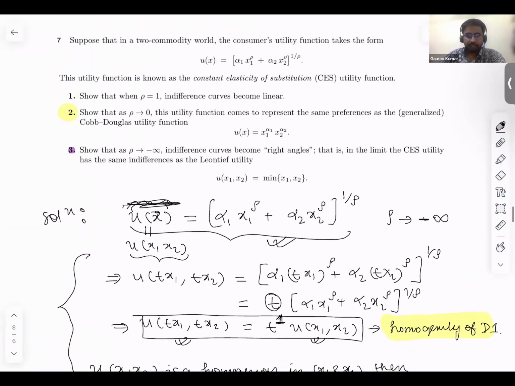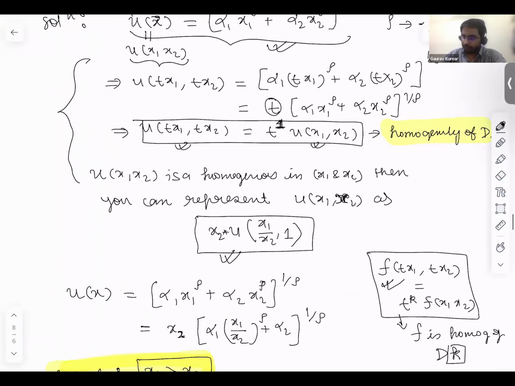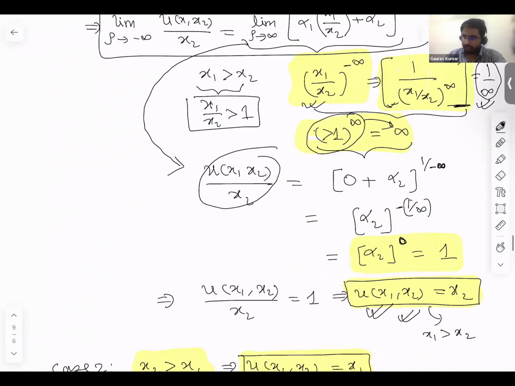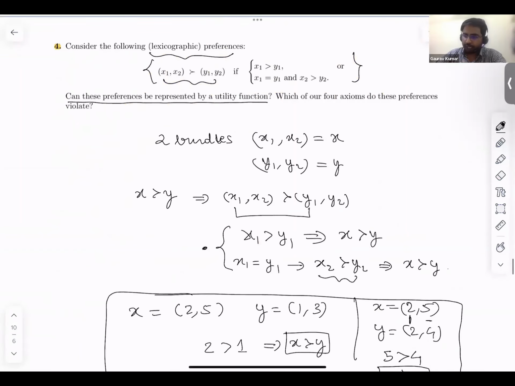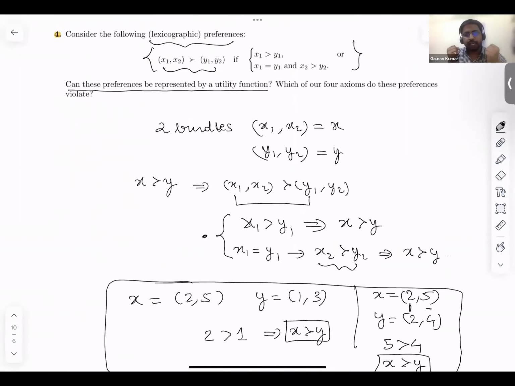Let me emphasize an important point here. If I have to explain the intuitive link between preferences and utility, I explained it a few minutes back, but I'm explaining it again because we have just done a question. See, there is a bundle, and suppose there are n goods in it.